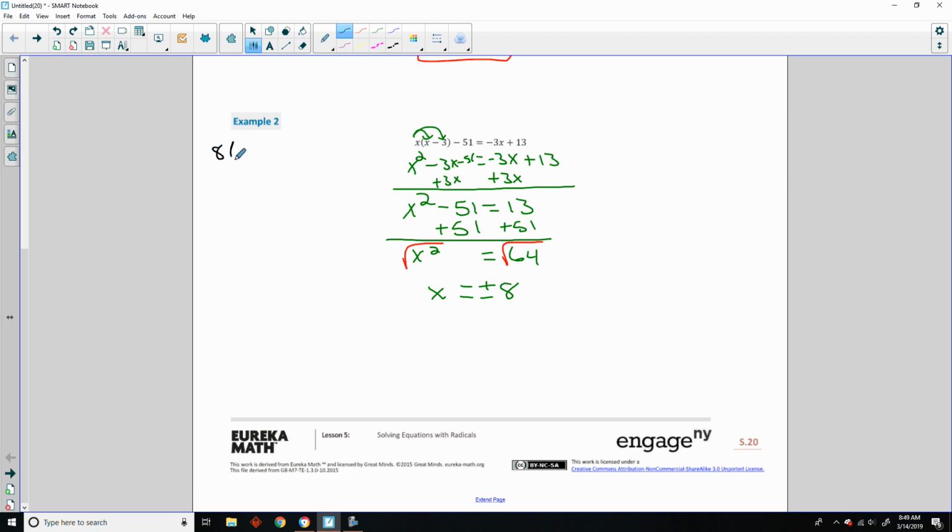Substituting in positive 8 to this, I get 8 times 8 minus 3 minus 51 equals negative 3 times 8 plus 13.